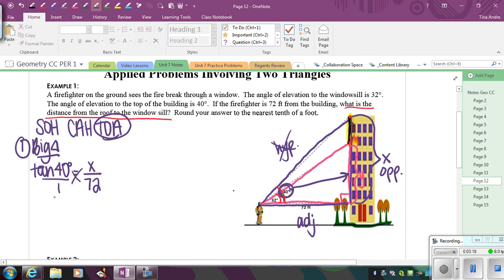Go ahead and solve this. We cross multiply, so we have 72 times tan of 40. When I put this in my calculator, I'm making sure I'm in degree mode and that the display is float 12. I am not going to be rounding until my final answer.